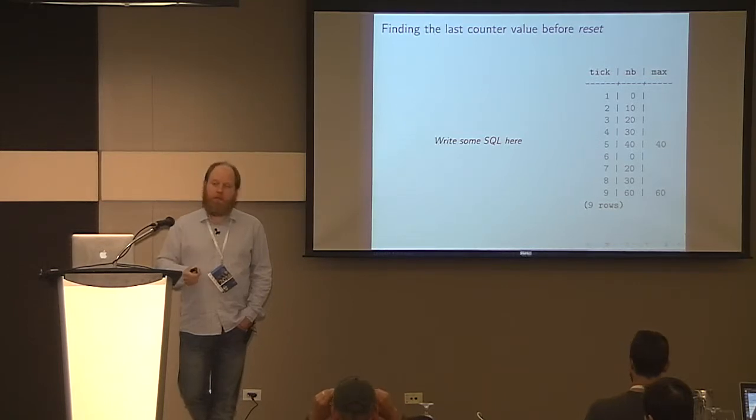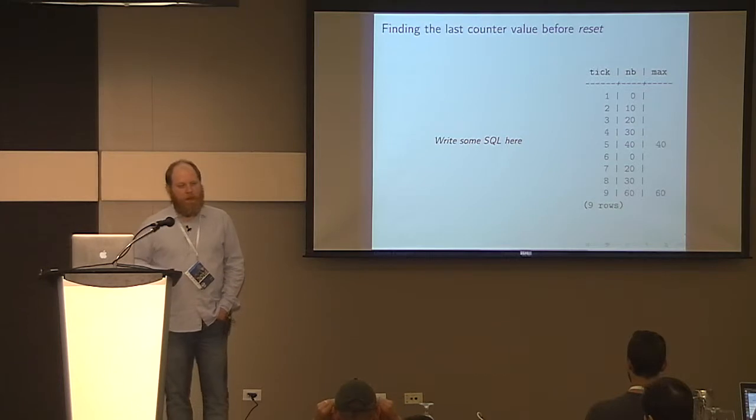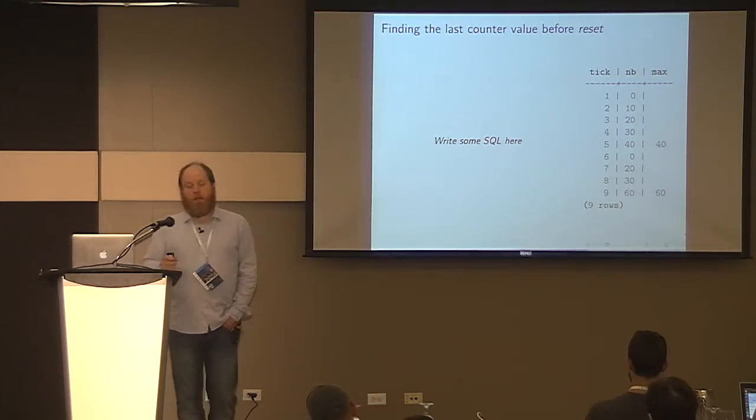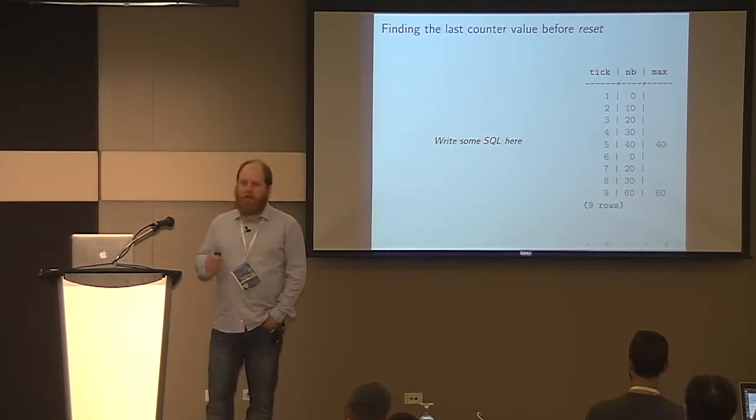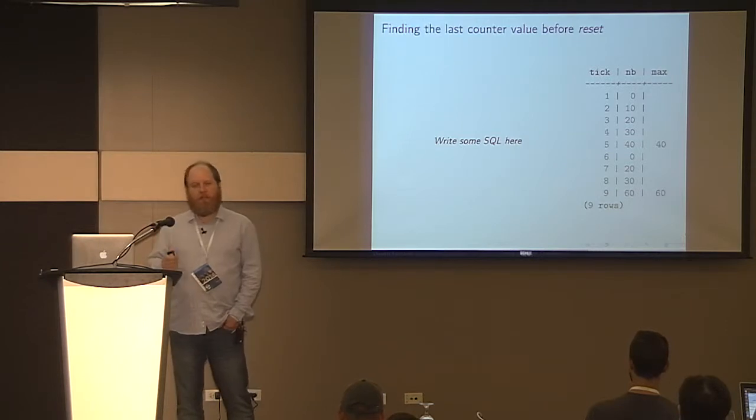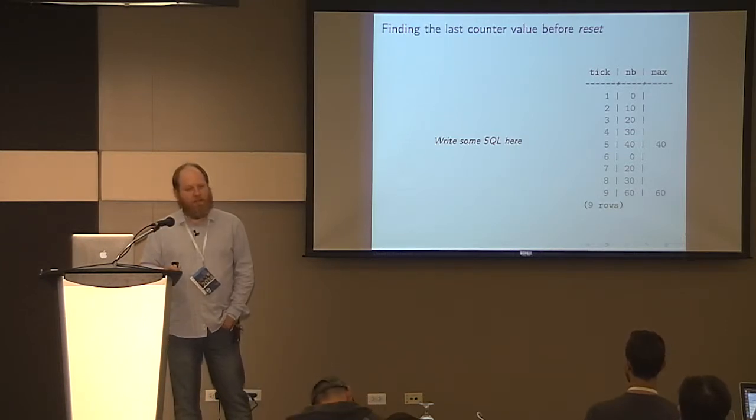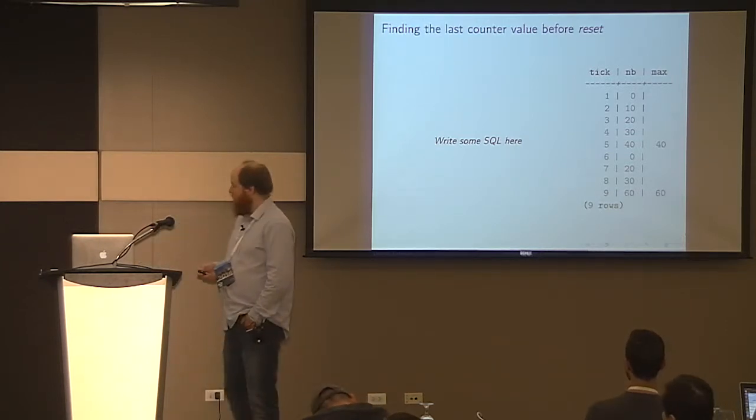So everybody in the room in production can use window functions nowadays. You have no excuse. And if you don't know what a window function is, that means you've missed a lot of SQL, and you need to get back to training in SQL, because it will change your life as an application developer. It really will. So let's see why.